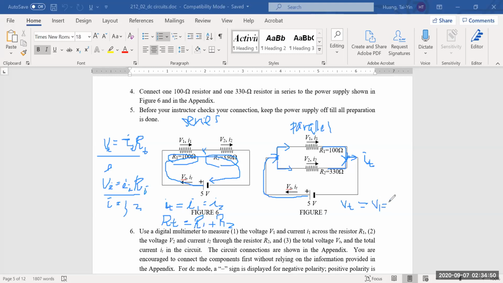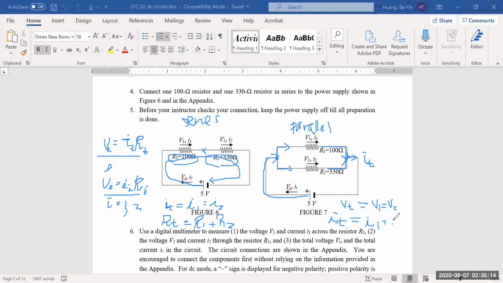In other words, voltage for parallel circuits does not change. If this is 5 volts, your V2 is 5 volts and your V1 is 5 volts. However, your current changes. Just based on this diagram, you can see your I total is I1 plus I2.